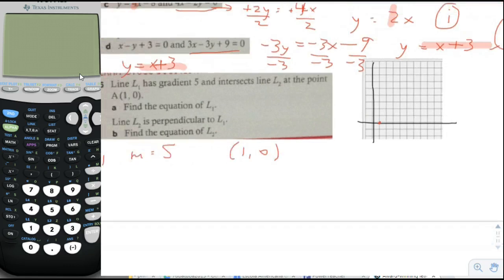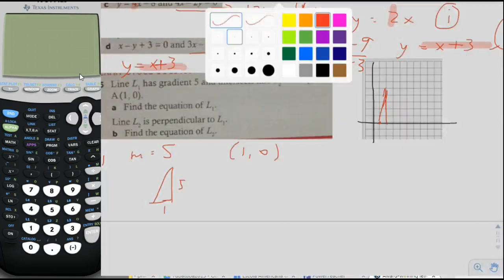What's the slope of the line? It's rise 5 over run 1. So I'm going to draw this triangle here. 1, 2, 3, 4, 5. Okay, so it's right there. 5 divided by 1.